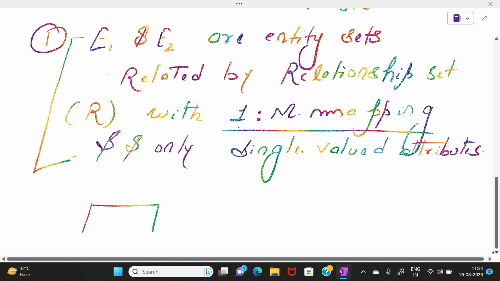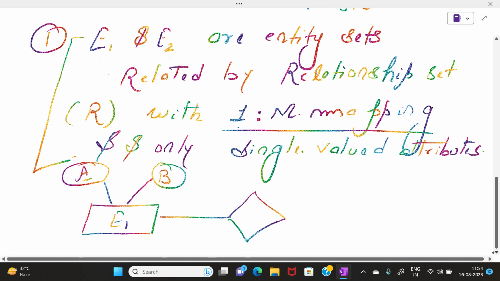We can depict it using this figure also. We have two entities, let's say A and B, where A is the candidate key of E1, then we have the relationship R, and the other entity is E2, which also has, let's say, two attributes.